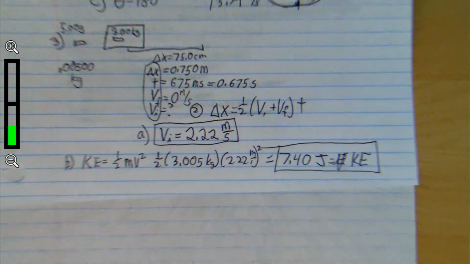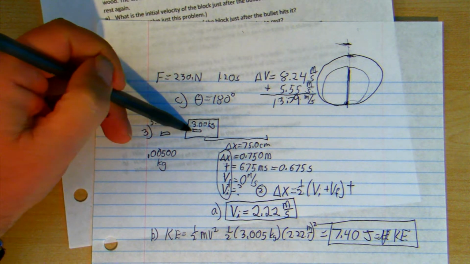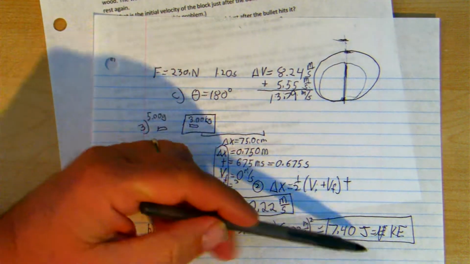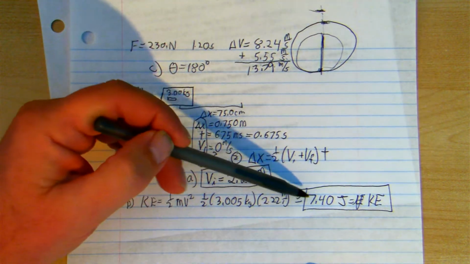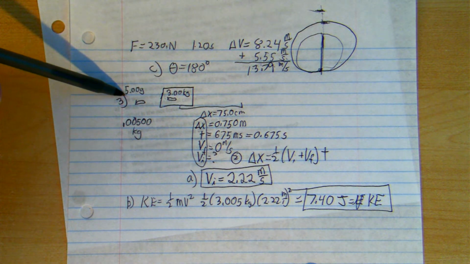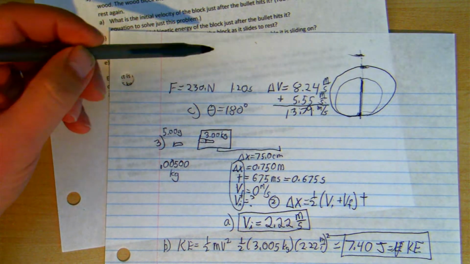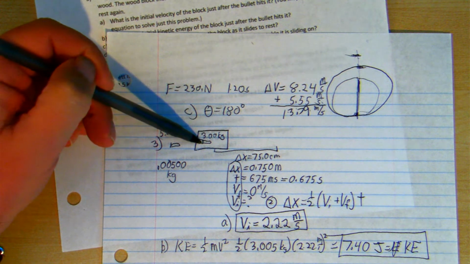All right. Now, I want to point out really quick that this is a perfectly inelastic collision. Kinetic energy is not conserved. So if you tried to calculate the speed of the bullet using conservation of energy, you would fail because work was expended in burrowing a hole into the block of wood.